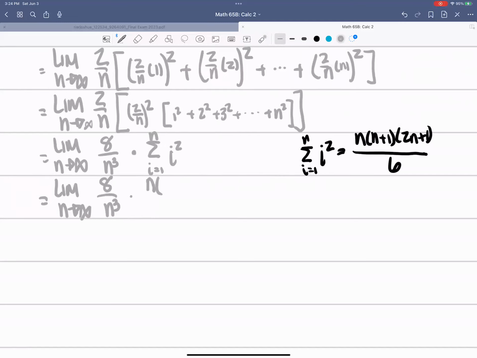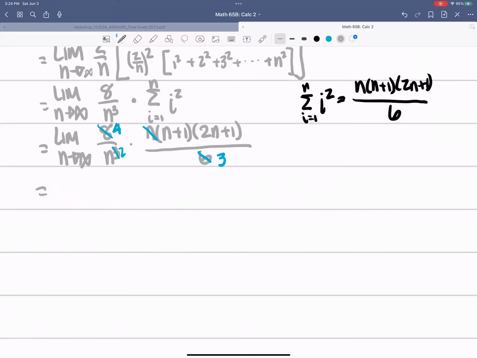So we have n times n plus 1 times 2n plus 1, and we're dividing that by 6. I see things that are factoring out already. So here that simplifies to 4, that simplifies to 3. We factor out one of the n's there. Leaves us with 2 here.